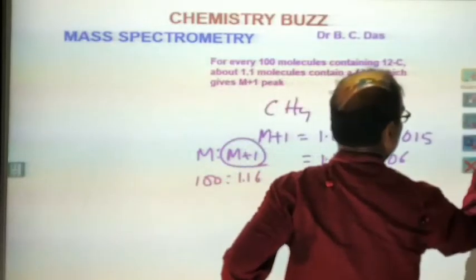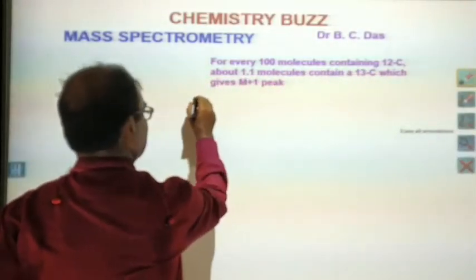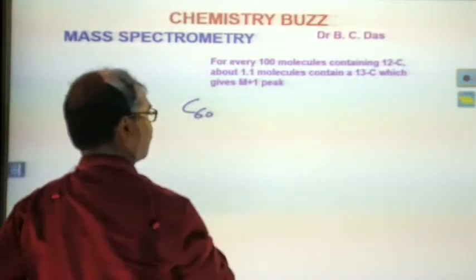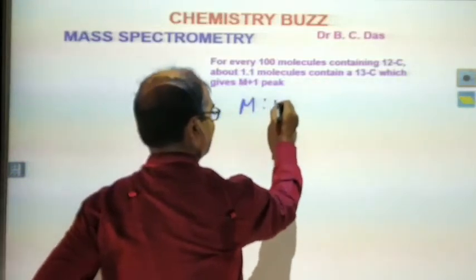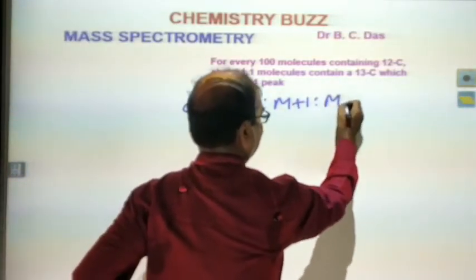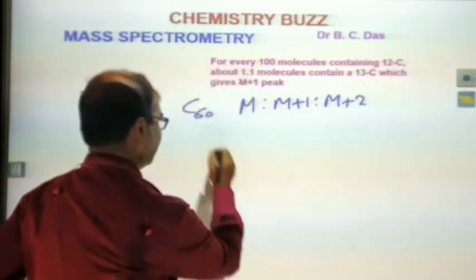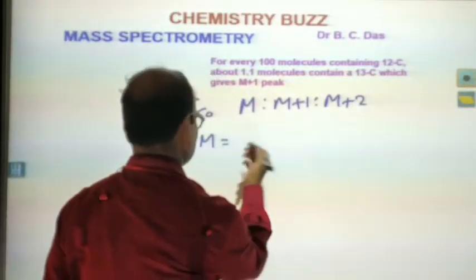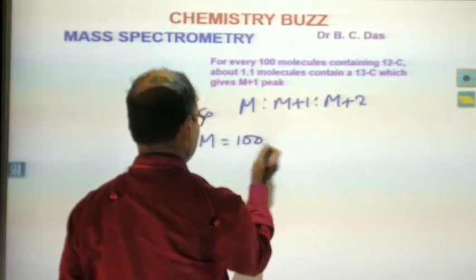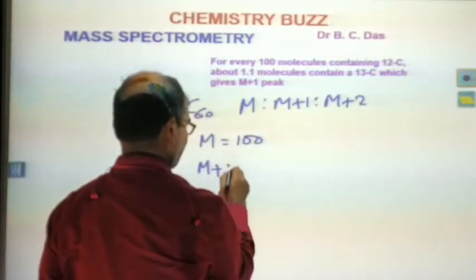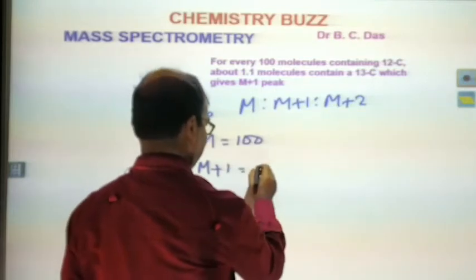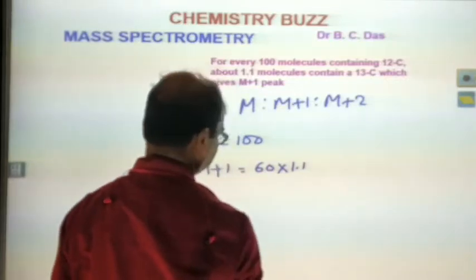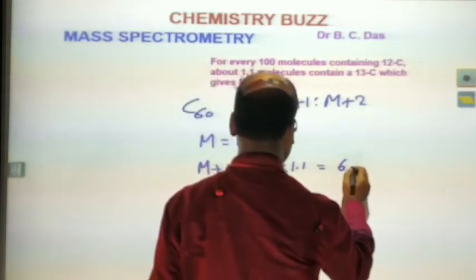For C60, we have to calculate M is to M plus 1 is to M plus 2. For M, only C12 isotopes are considered, so its intensity is considered as 100%. So M plus 1 is 60 carbon into 1.1, so this will be 66.